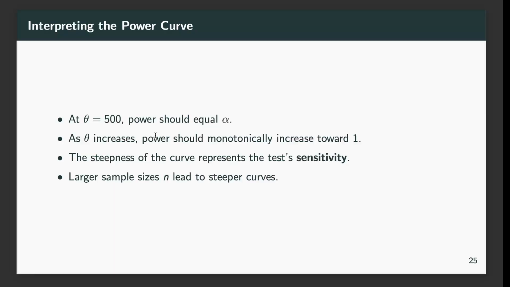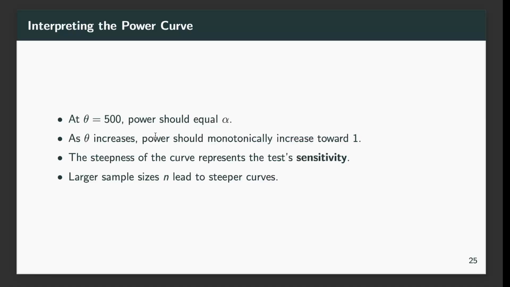It will achieve near 100% power at a smaller deviation from the mu of 500. So this is the important link between the sample size and power, which becomes the justification for the power-based sample size calculation.